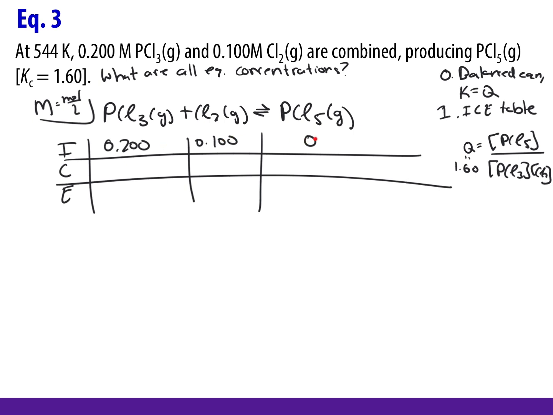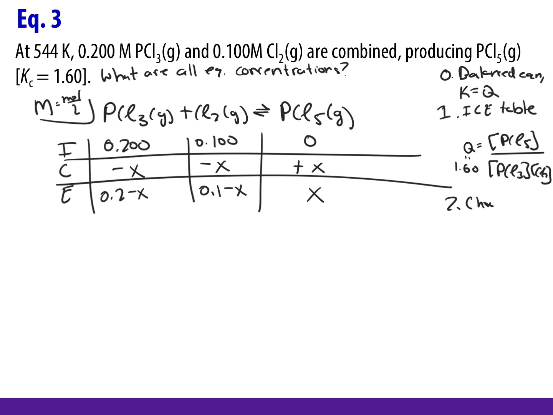The reaction is going to have to proceed right towards products. So we'll use plus x of the product. The coefficient is 1, so just plus 1x, minus 1x of each reactant because the coefficients are both 1. Then at equilibrium, I get 0.2 minus x, 0.1 minus x, and x. That's something we've done on the previous examples.